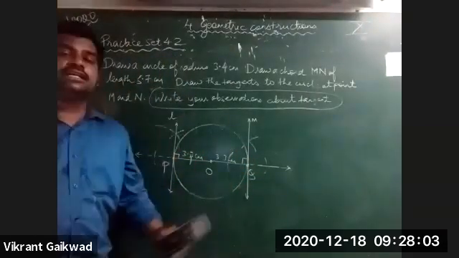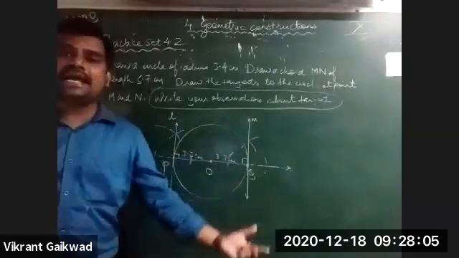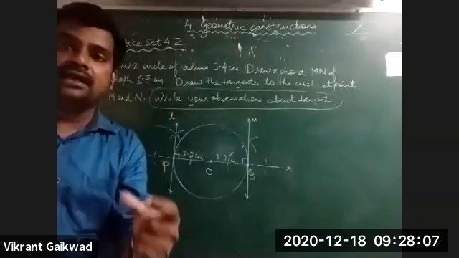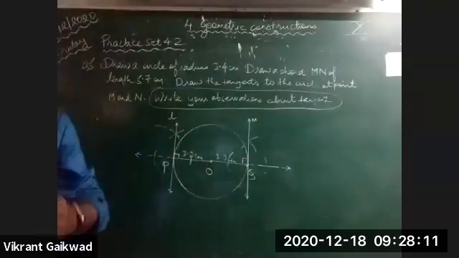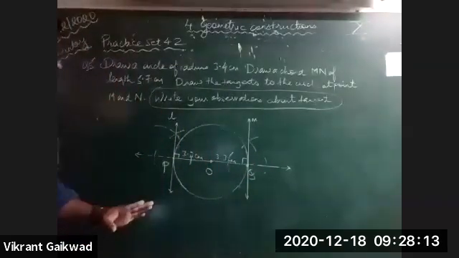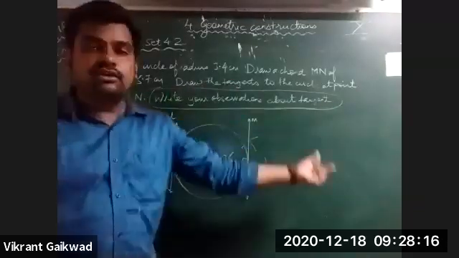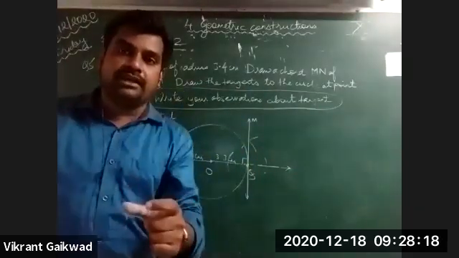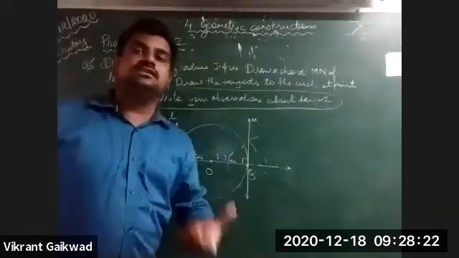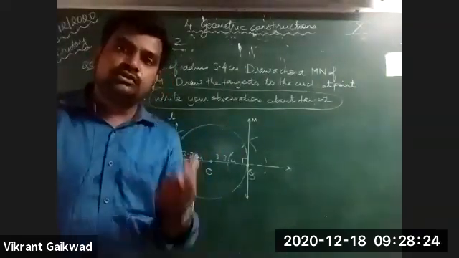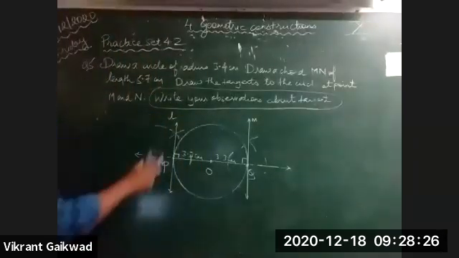The observation is that both the tangents are parallel to each other. You have to write the observations about the tangents. Is this clear to all the students?